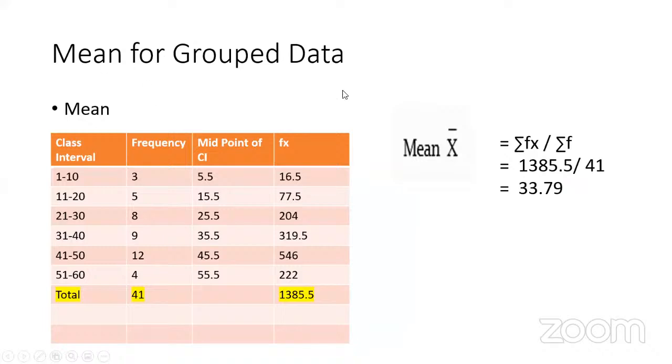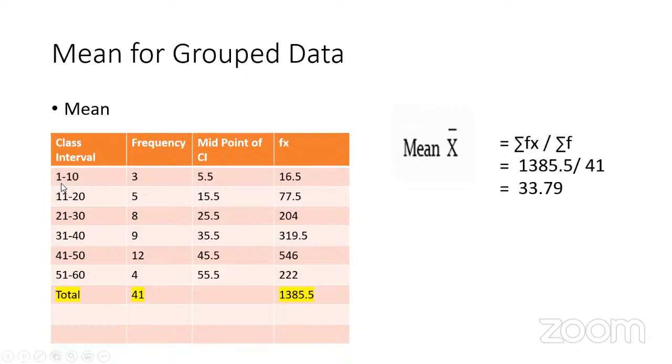Now for group data, it is sum of fx by sum of f. f means frequency, but there is another variable popping up called x. x is nothing but the midpoint of your class interval. The midpoint is calculated as upper limit plus lower limit by 2, so the average of your upper and lower limit is the midpoint.